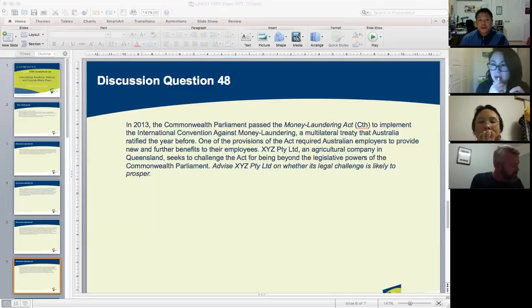Chances are it will shoot down legislation if it clearly goes against certain rights and freedoms. In that case, you have to apply the purposive test or issues about reasonableness and proportionality. But otherwise, especially in the Engineers case and the Actors and Announcers Equity case, the High Court gives a very liberal interpretation of the wide powers of the Commonwealth Parliament.